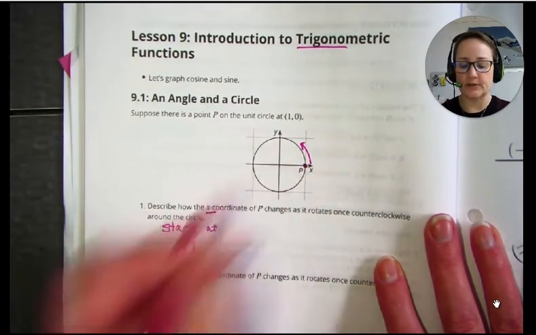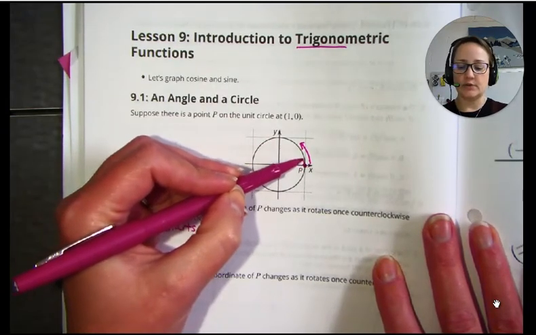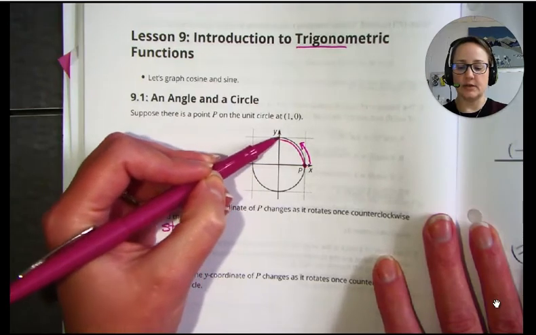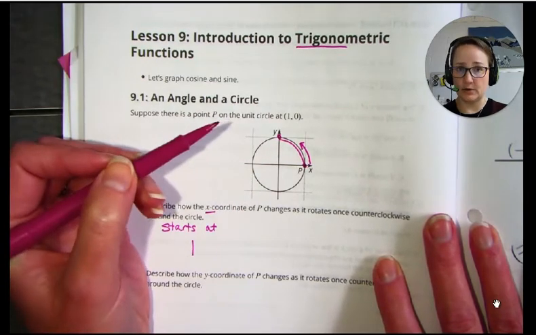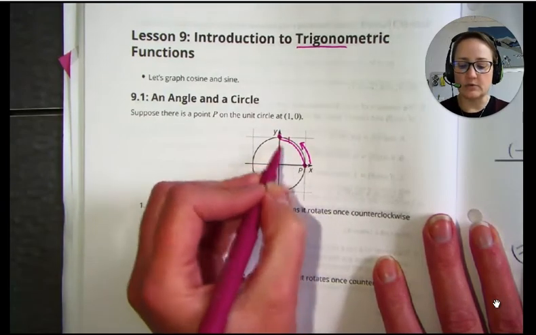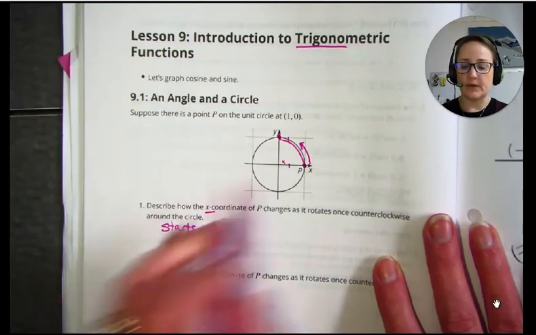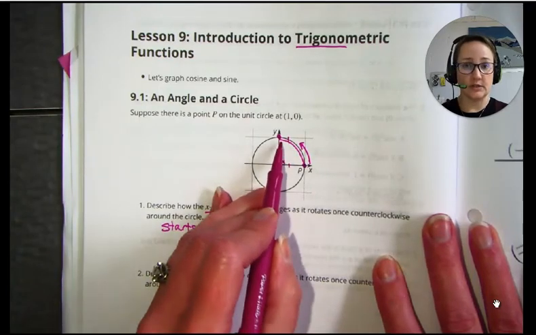Here's our x-coordinate starting at 1. And then it gets shorter and shorter and shorter until it's up here at 0. Okay, remember we're just thinking about the x-coordinate. So as it moves around the circle, that x-coordinate gets a little bit shorter, and a little bit shorter, and a little bit shorter until it's at 0.